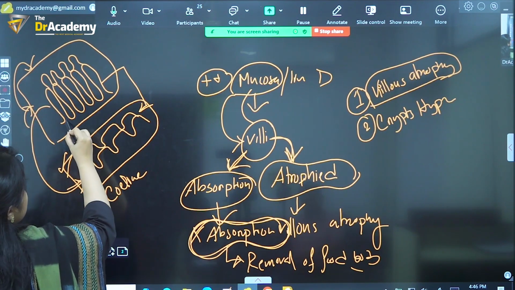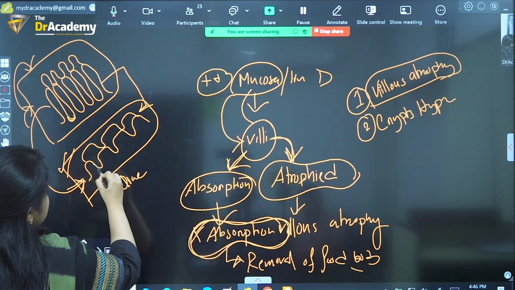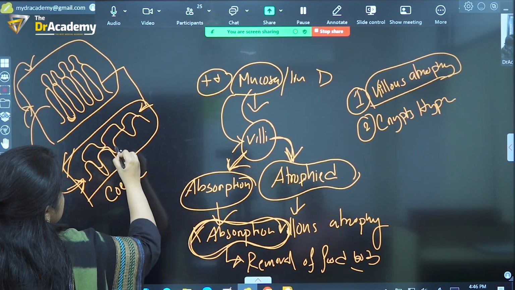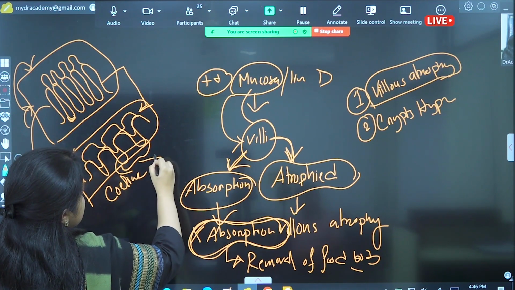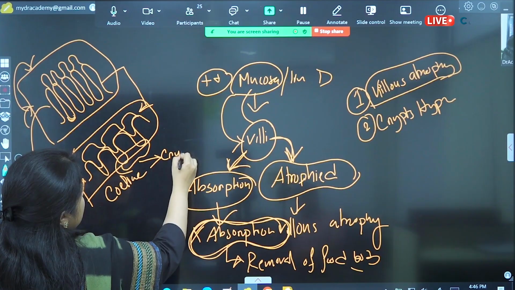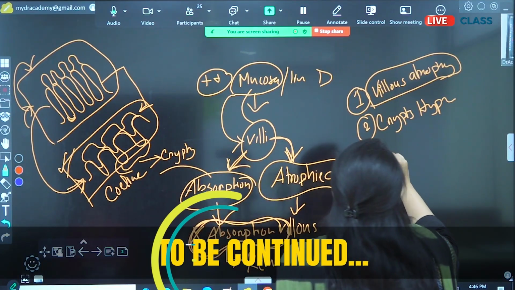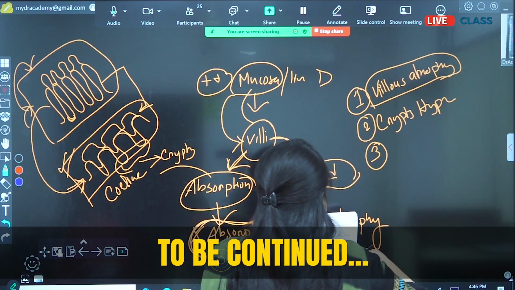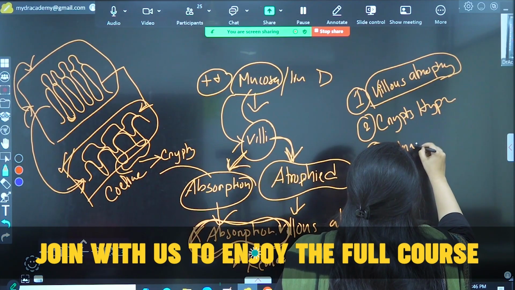Say there is a not so deep one, right? Actually these are the deep ones. So this portion is crypt hypertrophy. Okay, this is known as crypt hypertrophy. And the last but not the least, the third portion is intraepithelial lymphocytes. Yes, intraepithelial lymphocytes.